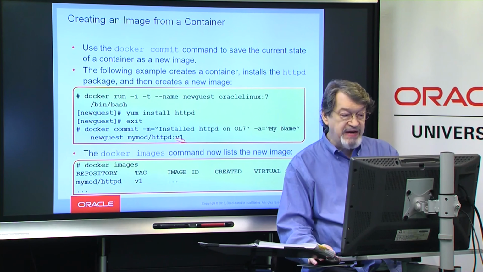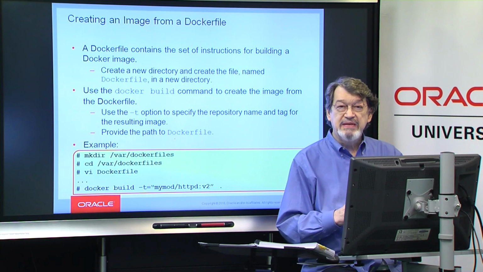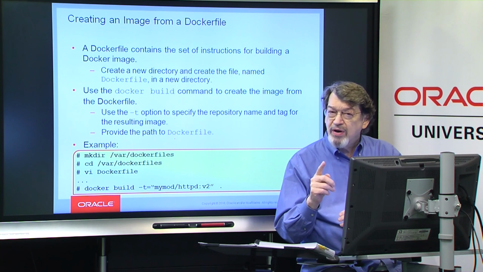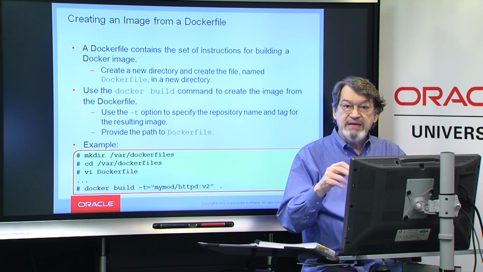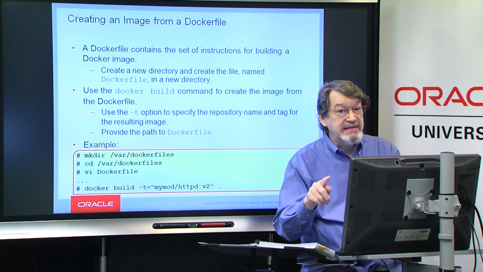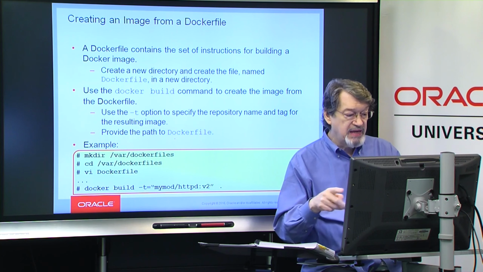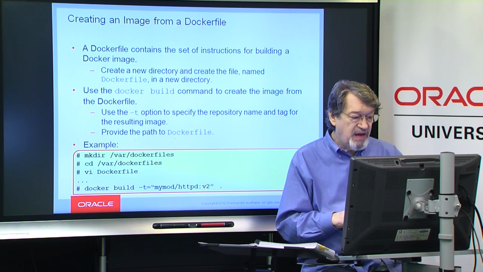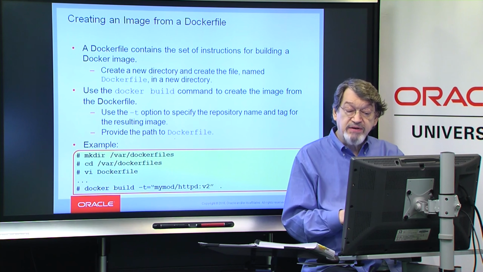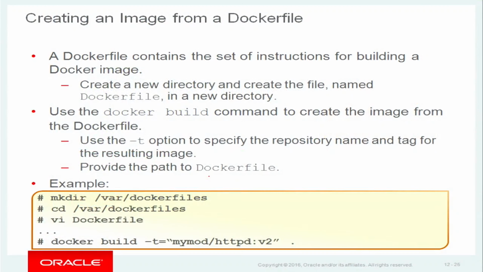You can also create an image from a Docker file. Remember earlier I said all of the instructions for building an image are contained in that file. That's kind of what the first bullet here says too, all right? You can create a new directory and create the file named, surprise, surprise, Docker file.